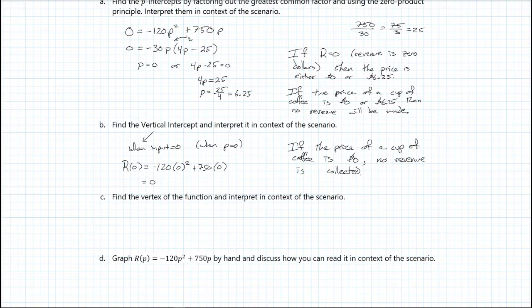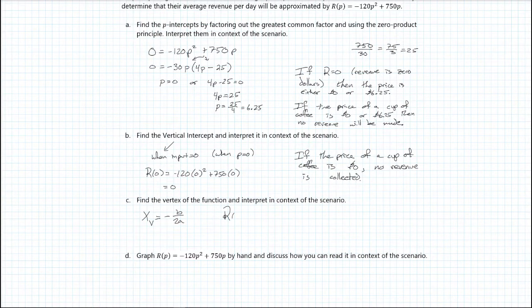So the x value of the vertex is going to be negative b over 2a. Let's write down that function again. We have r of p equals negative 120p squared plus 750p. So a equals negative 120, b equals 750. So the x value of the vertex is going to equal negative 750 over 2 times negative 120.